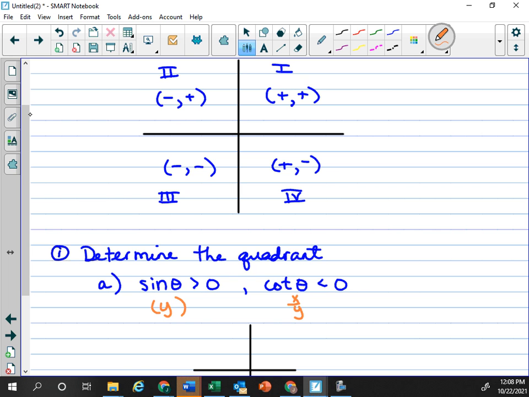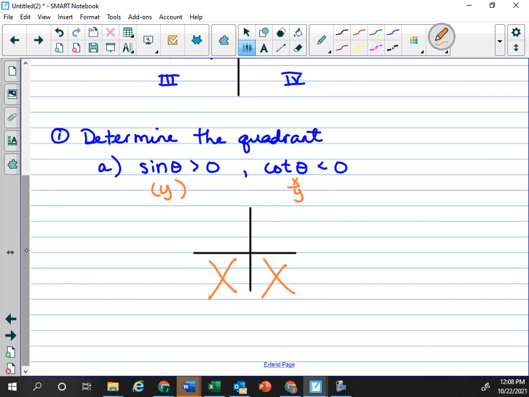The x and y together in the first quadrant, what do they give you? Positive. What about the second? Third? Fourth? Okay, that'll make sense, right? So if I want cotangent to be less than 0, and the only choices I have left are first or second quadrant, which is it? Second, yes. That's your answer, okay?